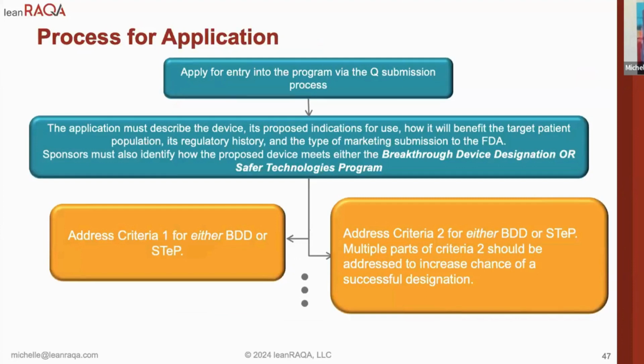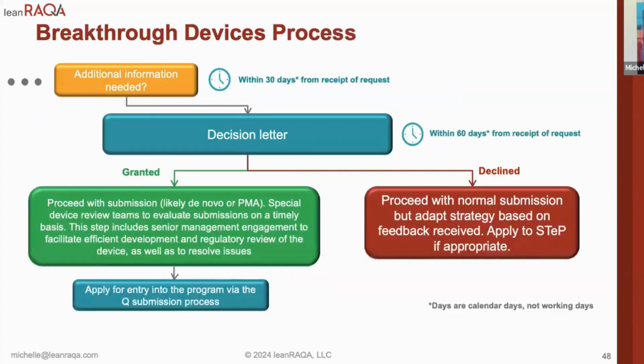The process for application for both of them is the same. You start with that Q submission. Both of them are free. You go through your application process. You address your 2 criteria. And then within 30 days from the receipt of the request, FDA is supposed to ask you for additional information that they may need to factor into their decision.